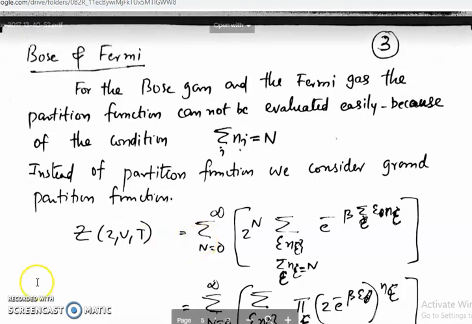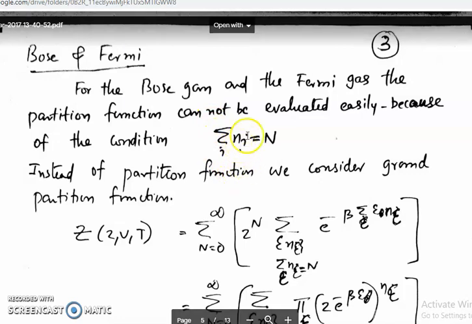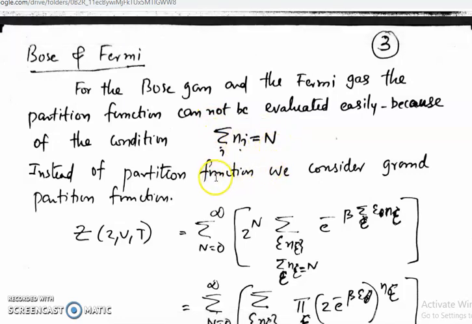So now let us evaluate the grand partition function for the Bose-Einstein and Fermi-Dirac case. As I told earlier in the last class, the determination of the partition function is not easy for the Bose gas and the Fermi gas because of this condition, sigma i n_i equal to capital N, the total number of particles in the system.